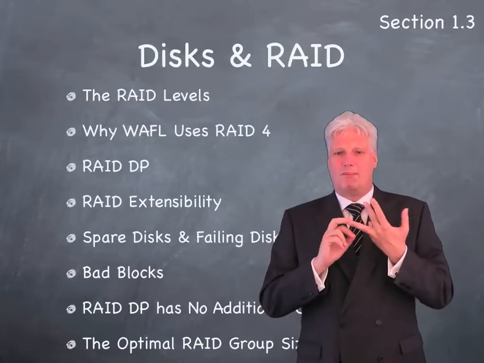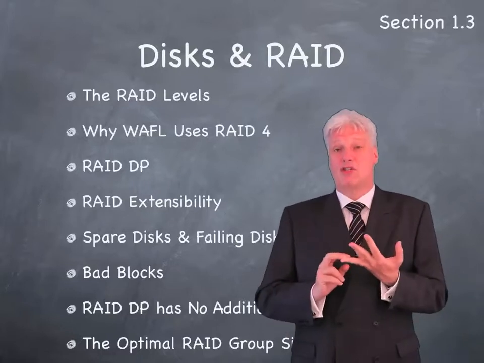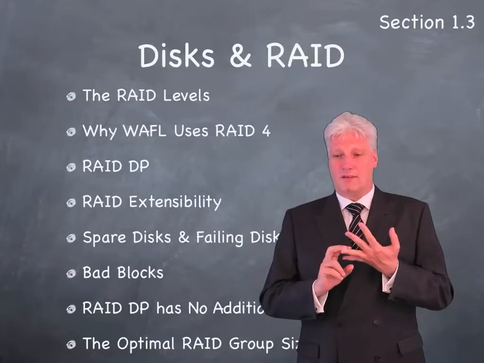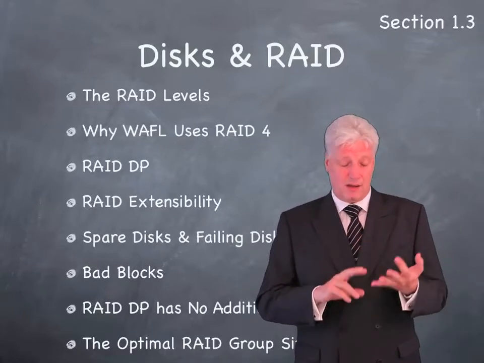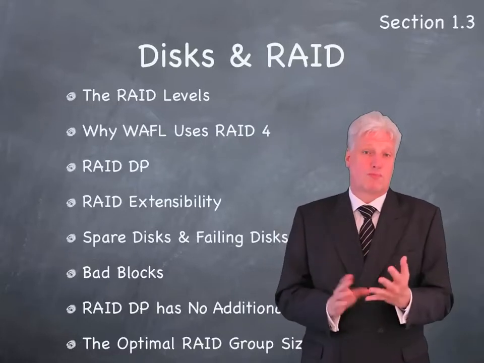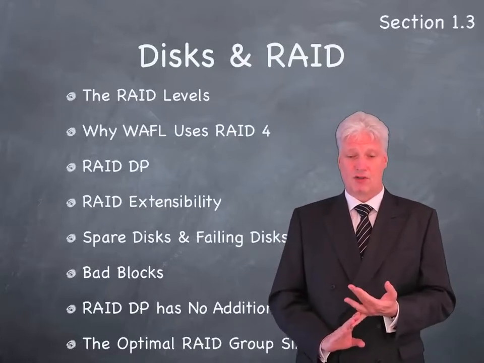We're going to talk about how disks can fail, and how we use spare disks to rebuild the content that was lost when a disk fails. And we're going to talk about bad blocks and how bad blocks can cause problems, and what we do in order to prevent data loss through bad blocks.